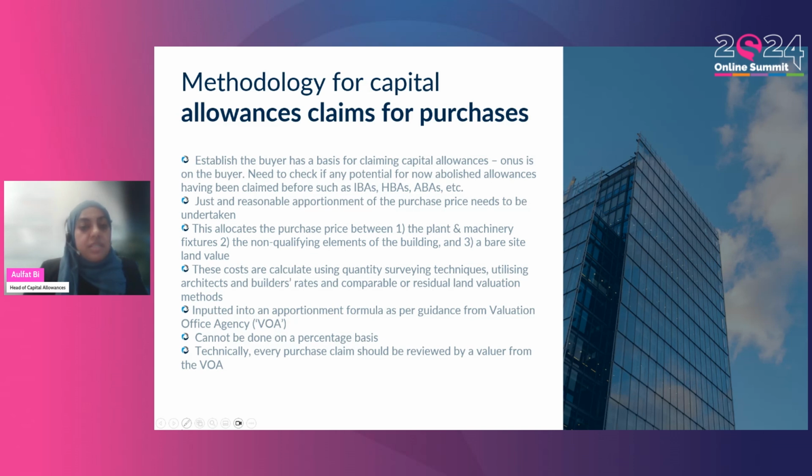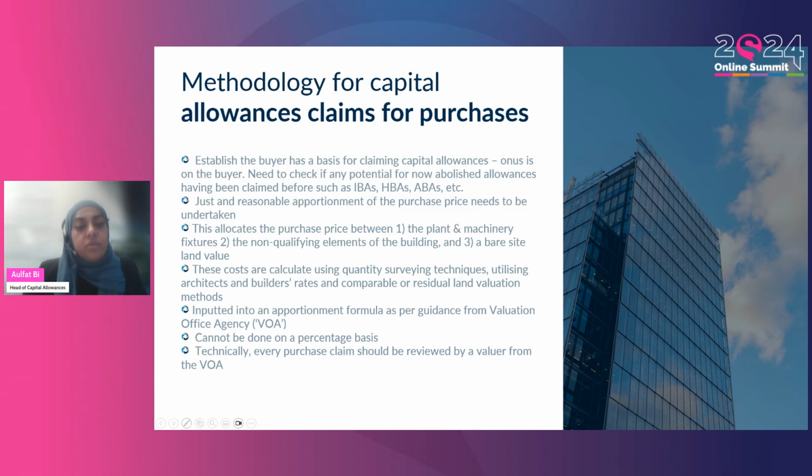Once you've established entitlement, we do what's referred to as a just and reasonable apportionment of the purchase price. This effectively allocates the purchase price between three parts. That is the plant and machinery fixtures, so the bits that qualify for capital allowances, and then the non-qualifying elements of the building, such as your walls, your floors, your ceilings, etc. And then we also undertake a bare site valuation, which is a tax calculation that goes into a formula.